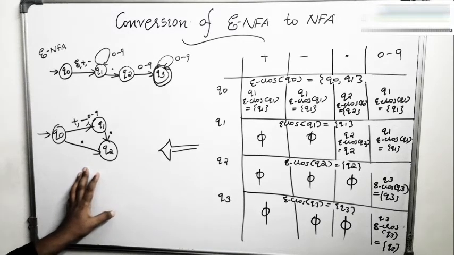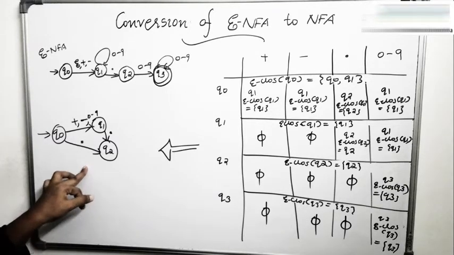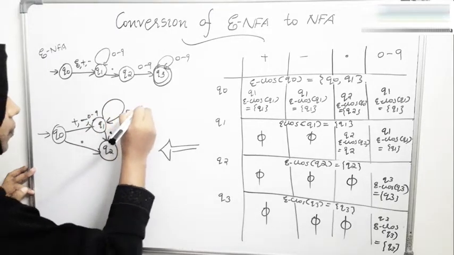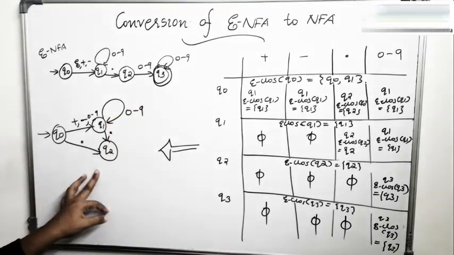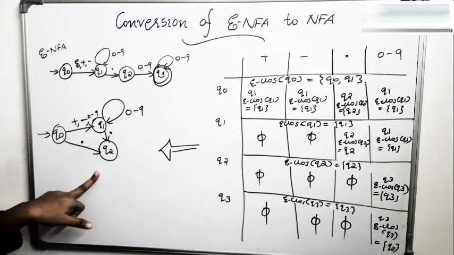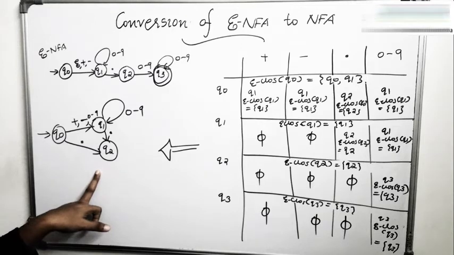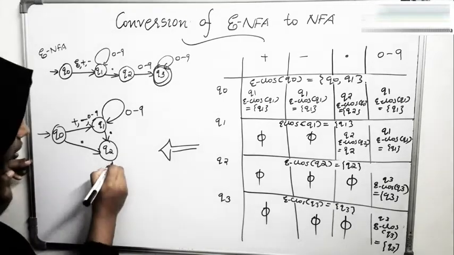From Q1 on 0 to 9 you are staying at Q1 itself. Now from Q2 on plus you're not going anywhere, on minus you're not going anywhere, on dot you're not going anywhere, and on 0 to 9 you're going to Q3.